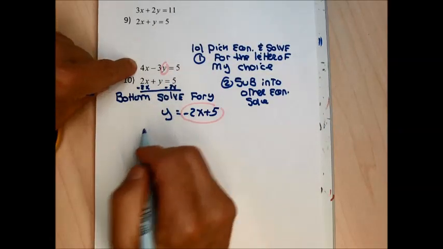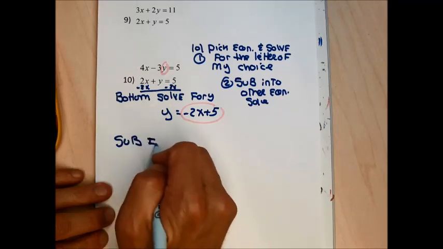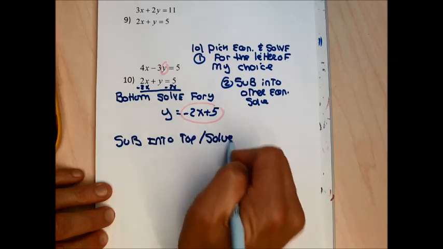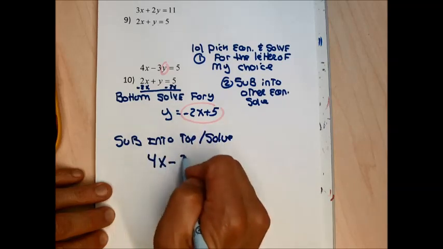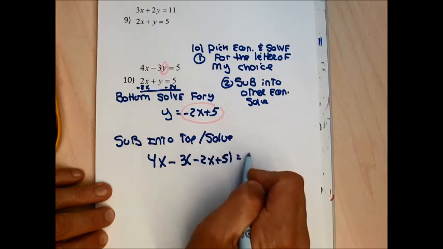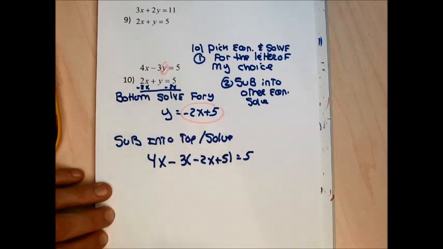So I'm going to rewrite that top equation as 4x minus 3 times negative 2x plus 5 equal to 5. So I just changed that y to that, left everything else the same, and I'm going to solve this now.